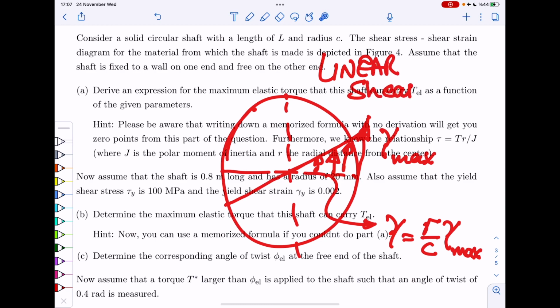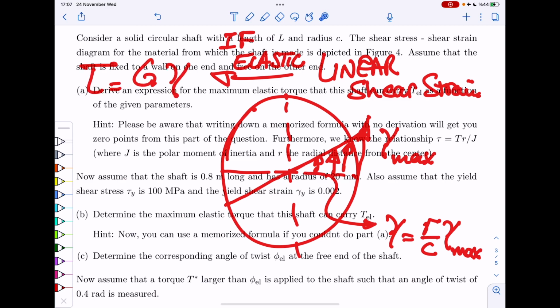It always holds. Now, if it is elastic, then your tau is equal to G gamma. So this immediately tells you that your tau could be written as R over C tau max, which gives you a linear distribution of shear stress.